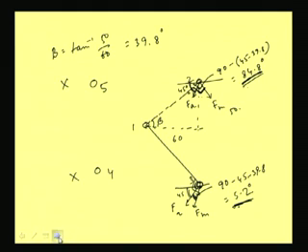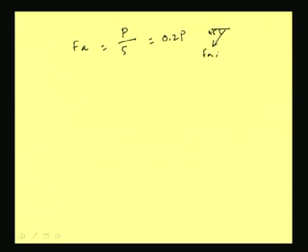Now, let us find out the value of Fa and Fm. Fa we can find out as P by 5, because 5 rivets are there. So, this is basically 0.2 P and this direction will be at 45 degree. This is 45 degree and this is Fa.